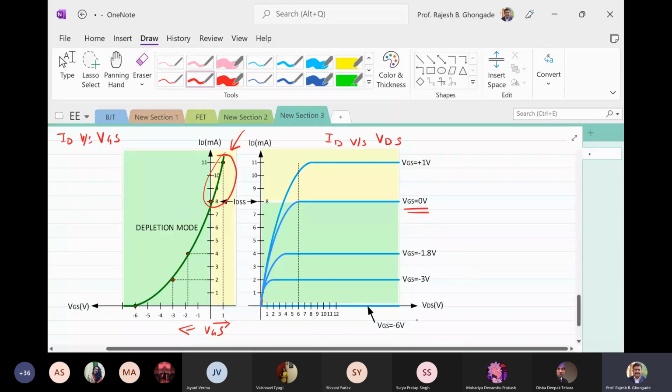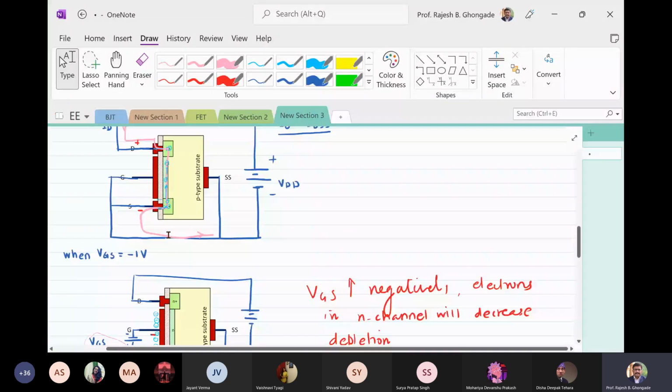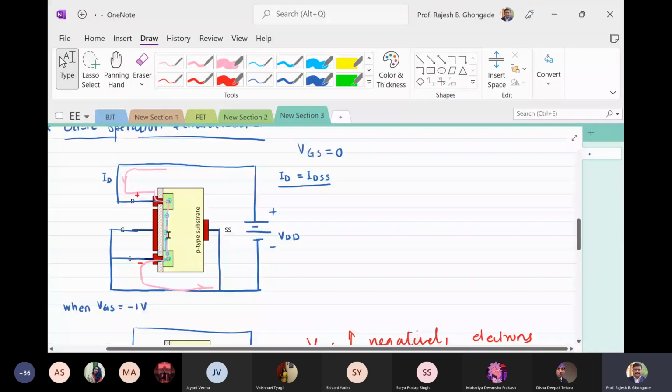Even if you increase VDS, it won't increase any further. Is the characteristic understandable? Yes, sir. So at a constant value of VGS equal to 0, this is going to be the situation.